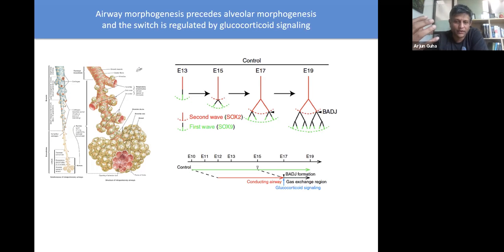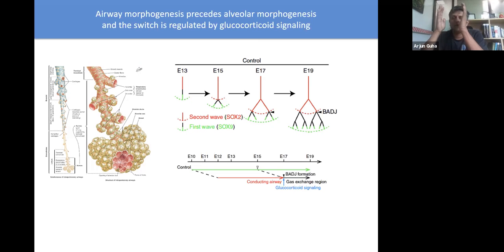Glucocorticoid signaling is activated, and this leads to the cessation of an airway genesis program in a group of cells at the distal tips of this airway tree, which express SOX9. As a function of glucocorticoid signaling, these SOX9 positive cells stop activating SOX2, which drives the airway program, and allow the cells then to undergo morphogenesis to create the alveolar network.